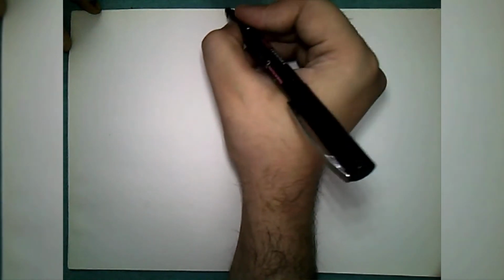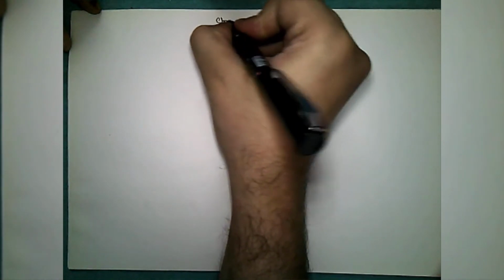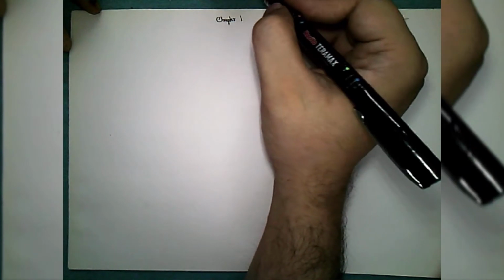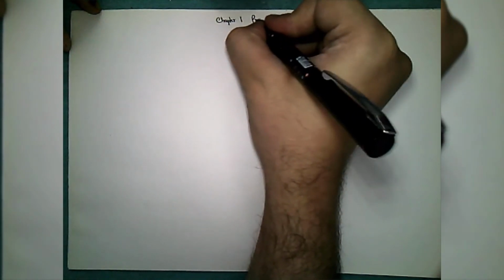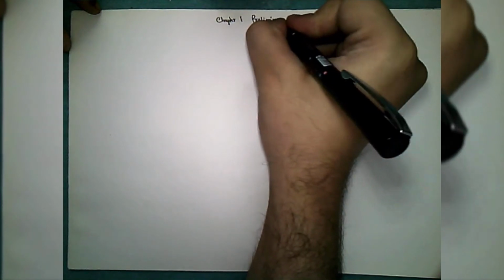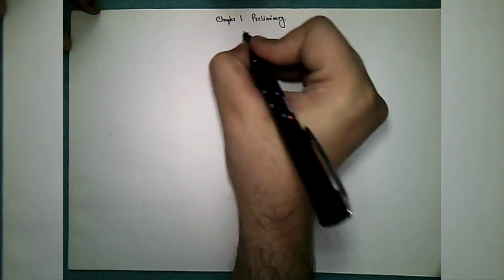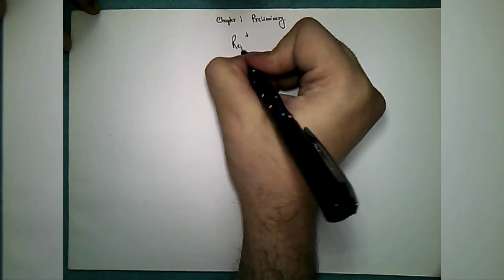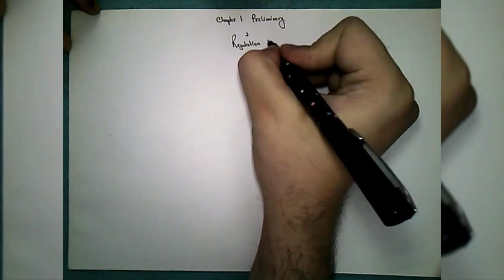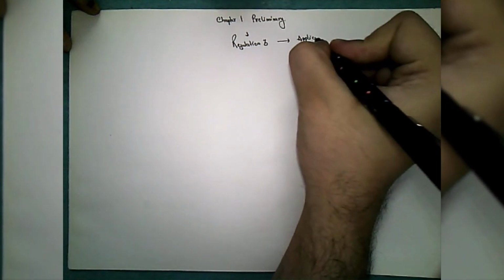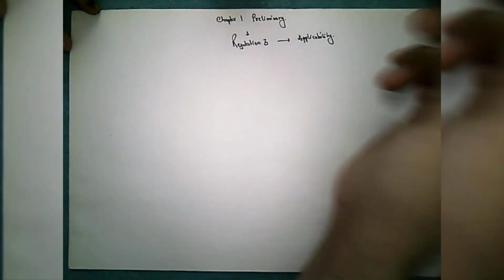So, to this chapter, chapter 1, preliminary, under which we are discussing regulation 3, which talks about applicability.